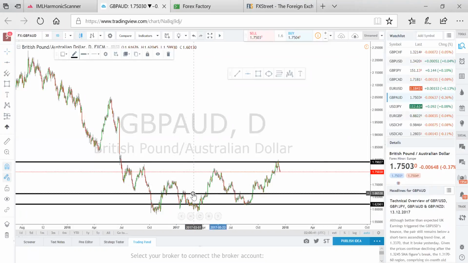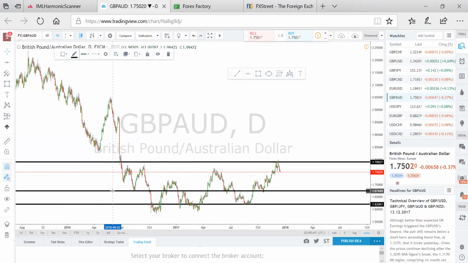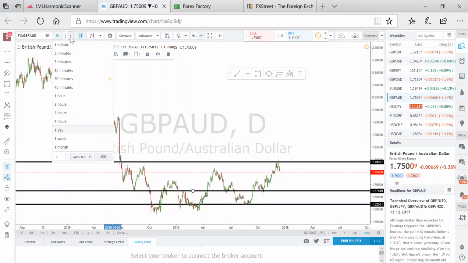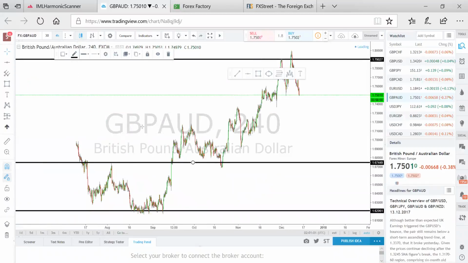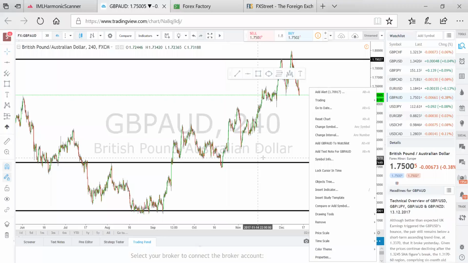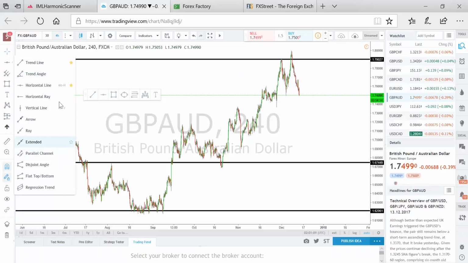If I bring it up a little bit, so this was a support, it became resistance here, then it became support again, it became resistance here. So now I'm going to go down to the H4, and let's look at the trend now. So I'm looking at the trend.